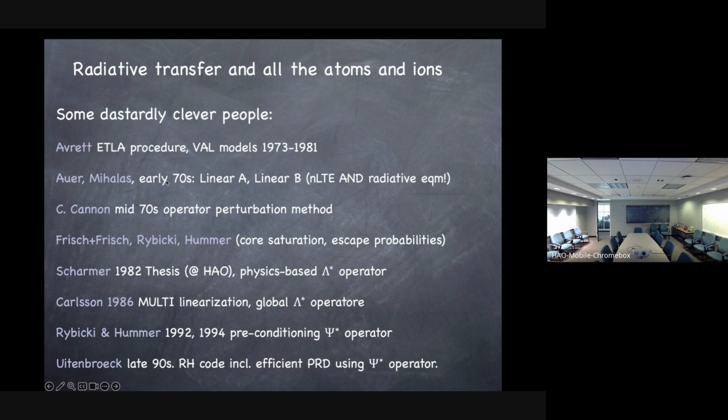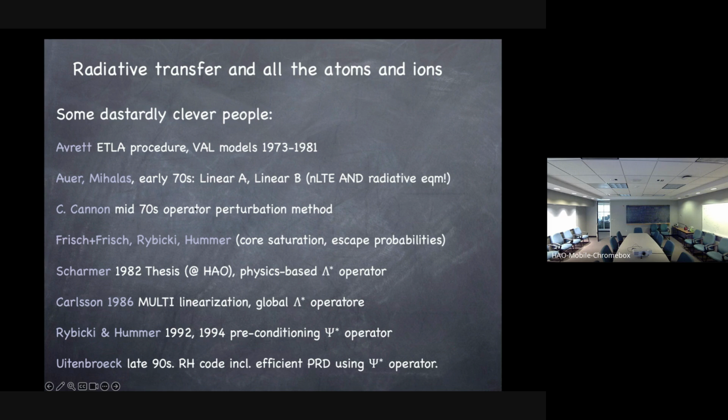The state of the art was represented by Auer and Mihalis, associated Mihalis, of course, at HAO, in building radiative equilibrium models as well as non-LTE. That just means we're solving the energy equation, assuming that the atmosphere is in a state where J is equal to S everywhere on average. That means it's radiatively heated, as we talked about earlier.